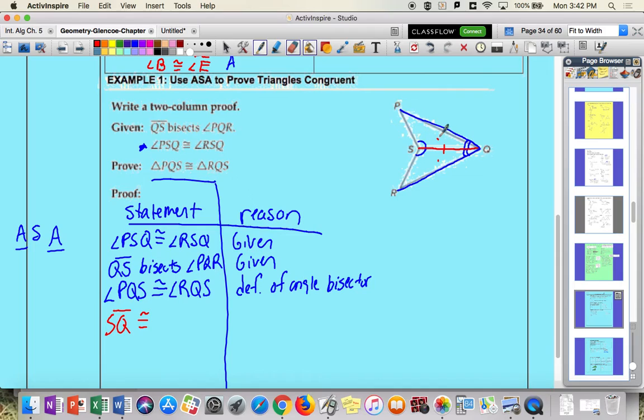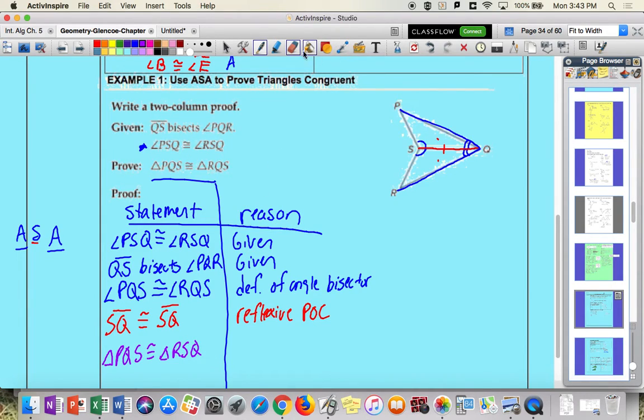If we say SQ in the top triangle, it works the same in the second triangle, so corresponding parts still match up. SQ is congruent to SQ, so there's our reflexive property of congruence. Now I have all of the necessary parts, so I can say as a final statement that triangle PQS is congruent to triangle RSQ.